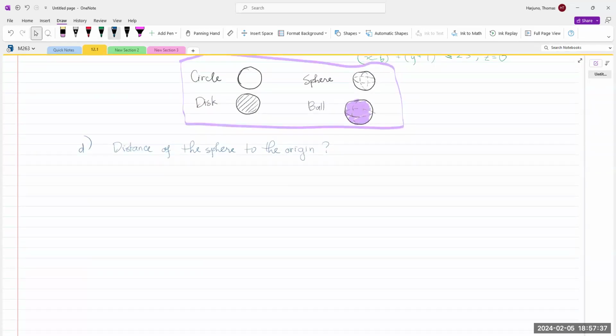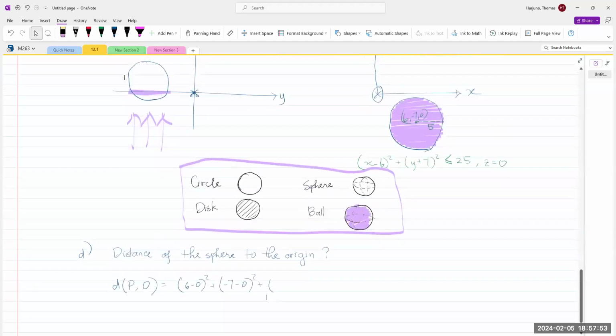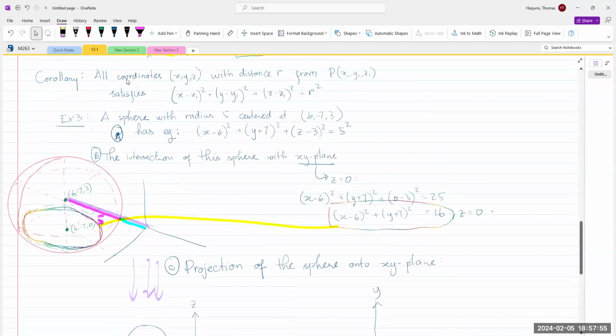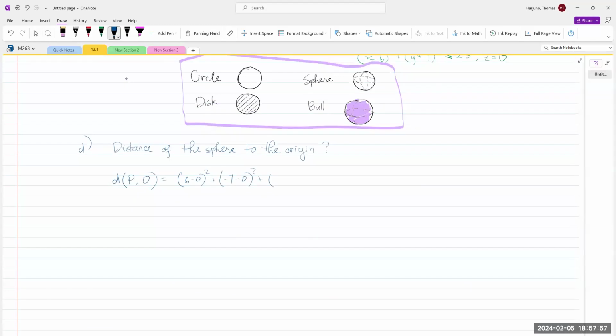So let's see. The distance from the center P to the origin is 6 minus 0 squared plus -7 minus 0 squared plus, I think it's 3? What is the center again? Yes, 6, -7, 3. So 3 minus 0 squared equals 36 plus 49 plus 9.